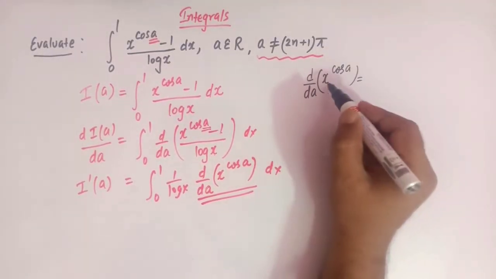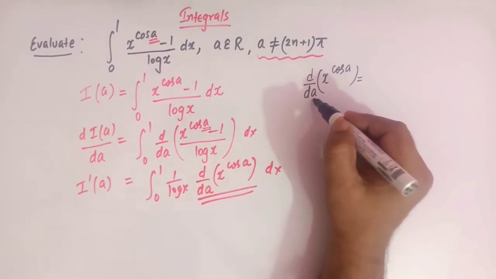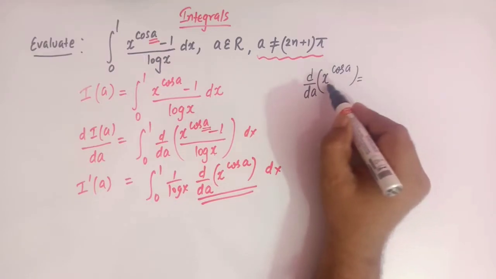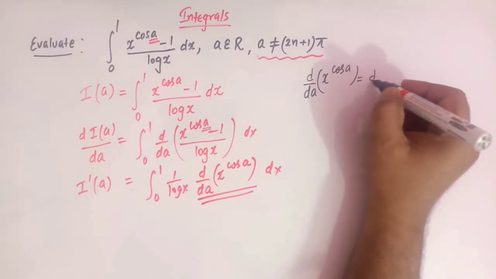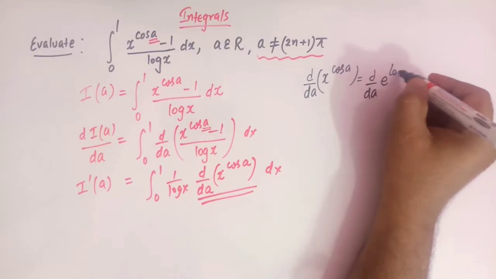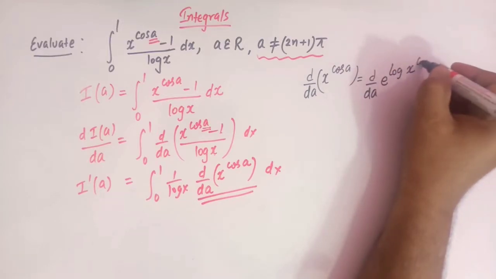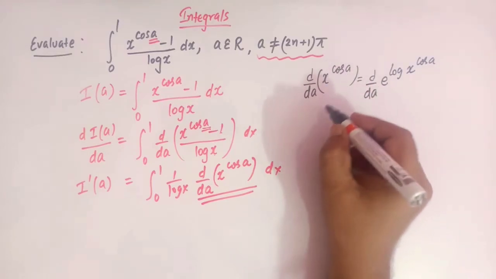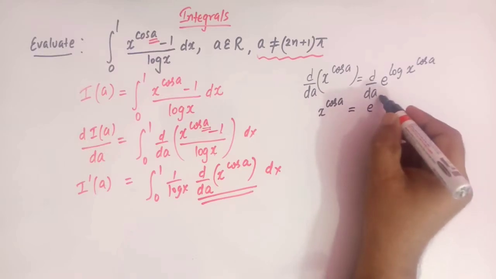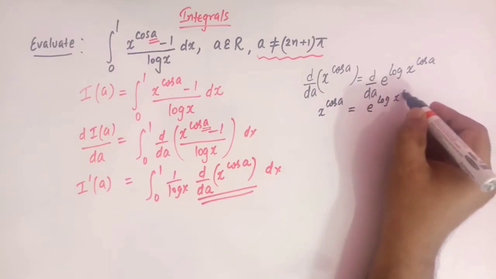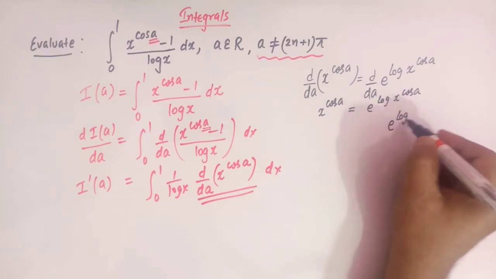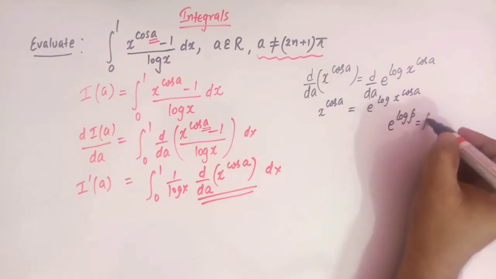Now we have to find the derivative of this function with respect to a. We'll slightly modify this function and write it as e raised to log of x raised to cos a. Because x raised to cos of a is the same as e raised to log of x raised to cos of a, since we know that e raised to log of p is equal to p.